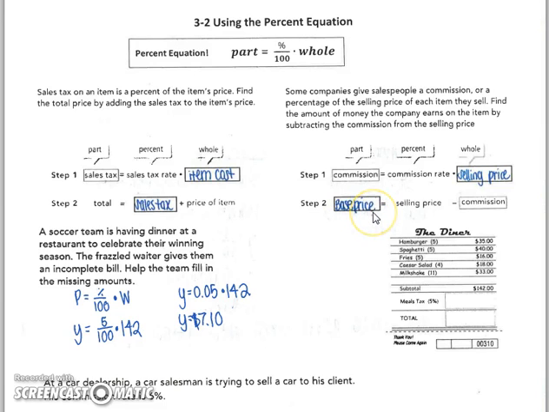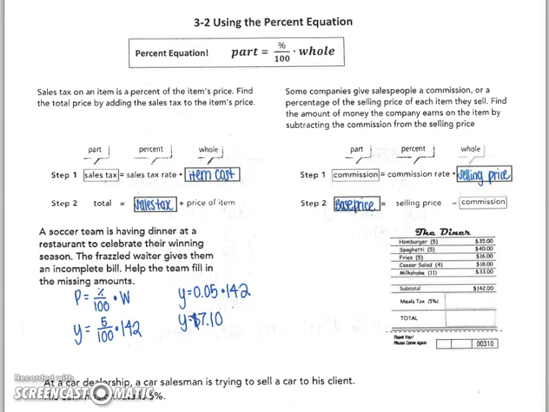So to find our base price, we're going to take the selling price, so what they sold the item for, and subtract the commission. For instance, if you think about a car dealership, the person who sells the car is going to get commission, but then whatever is left over from how much it was sold, and then the commission, is what the company makes for that car.